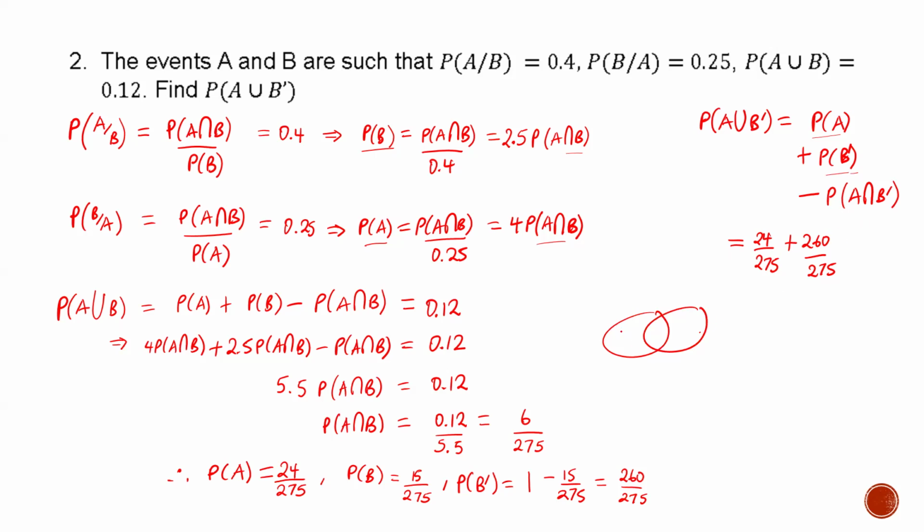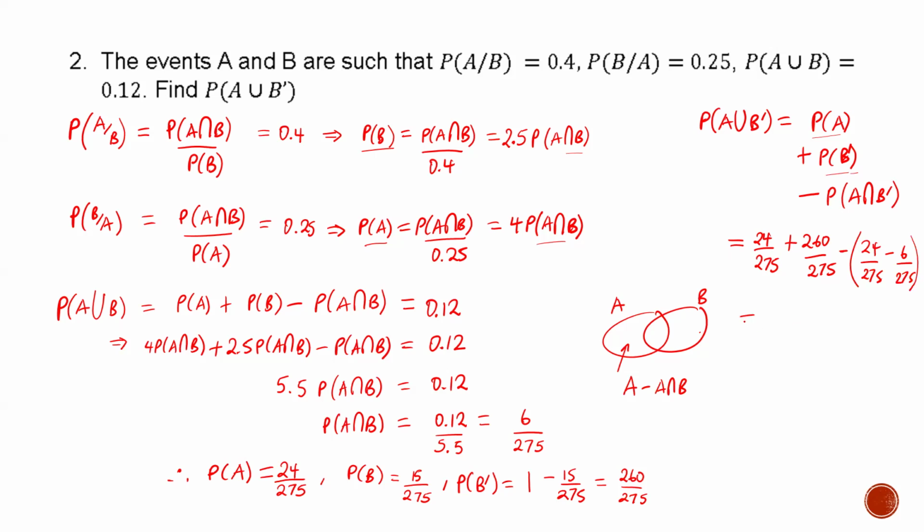A intersection B complement is in fact A only, if you think about it, because we want everything that's in A but not in B. So that's A only. And A only is in fact A minus A intersection B. That's going to be 24 out of 275 minus 6 out of 275.